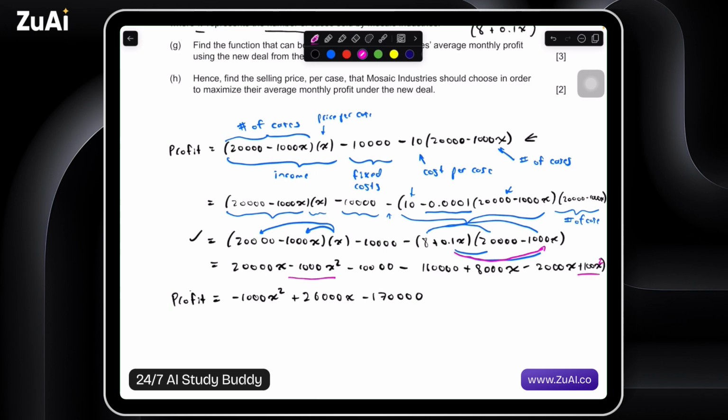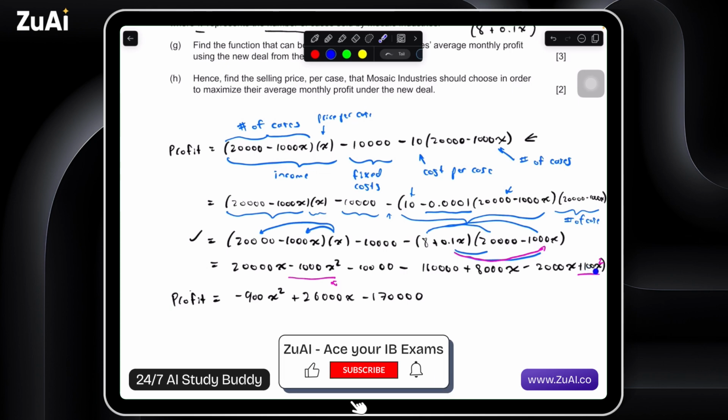With the negative out front it becomes positive 100x squared, and with negative 1,000x squared, altogether we have negative 900x squared. Positive 100x squared minus 1,000x squared gives us negative 900x squared.